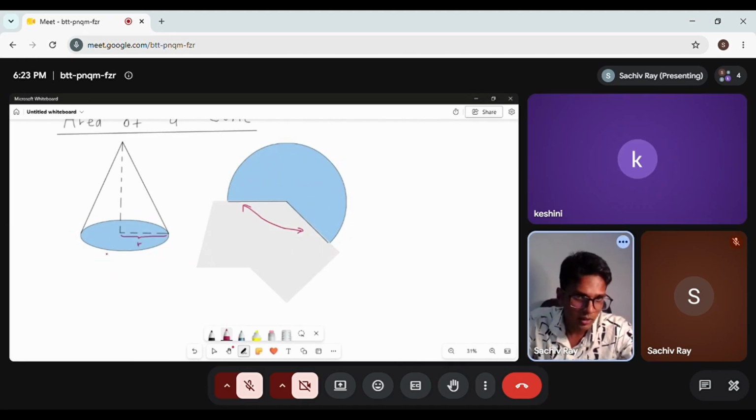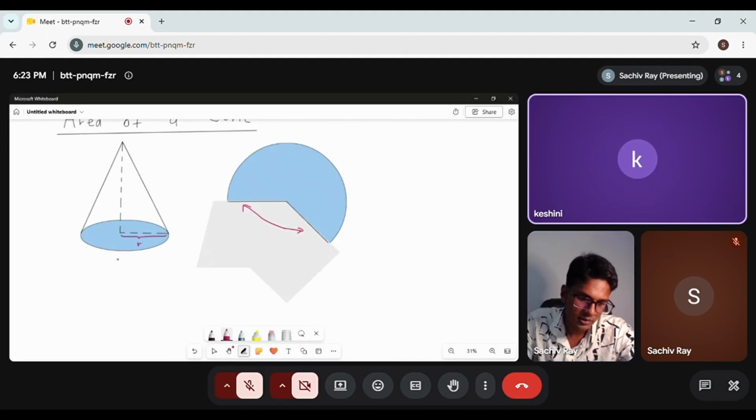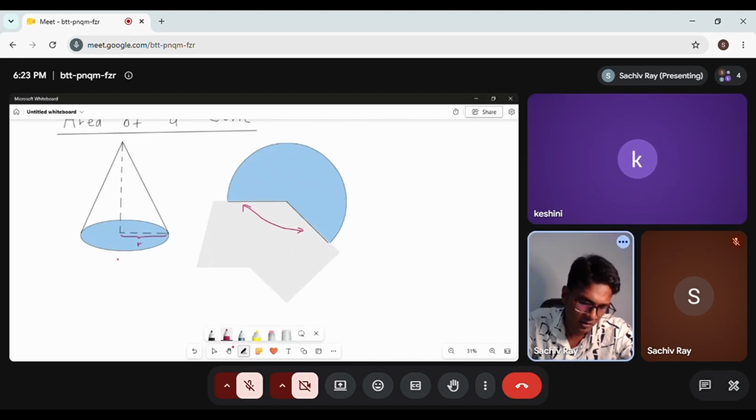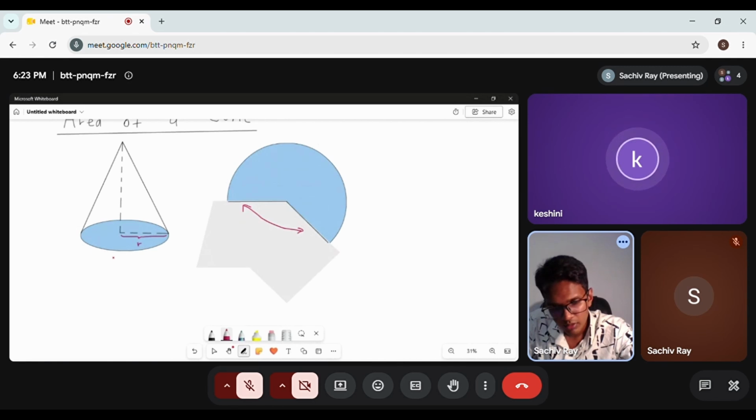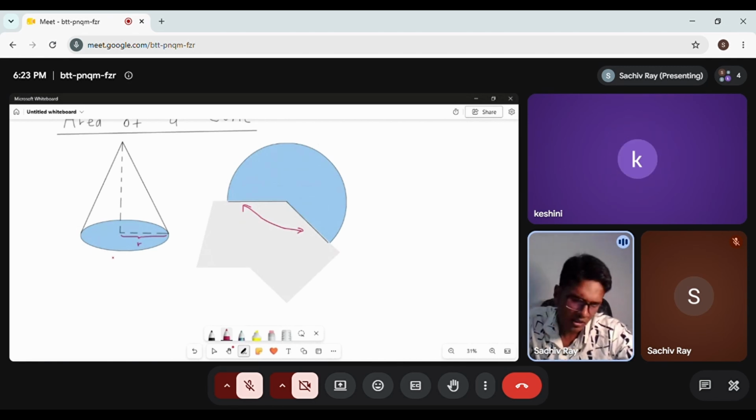So what is the circumference of this small base? Just use the formula to find circumference. Now the radius is r. What is the circumference of the bottom one, the full circle? Pi r l? Is there an l anywhere here?